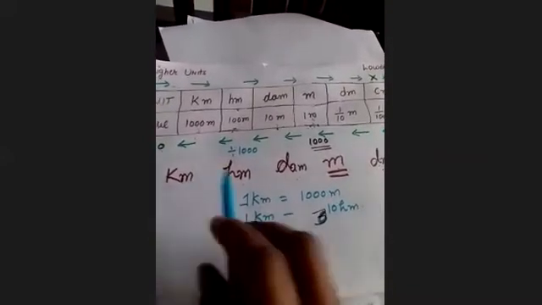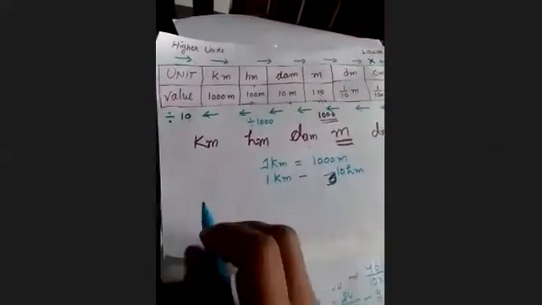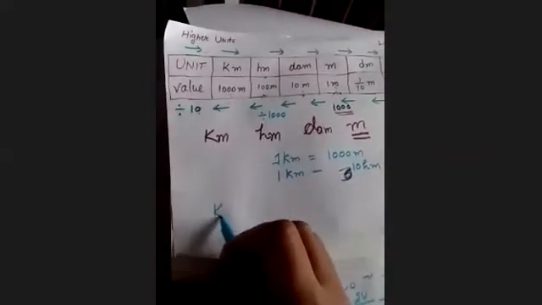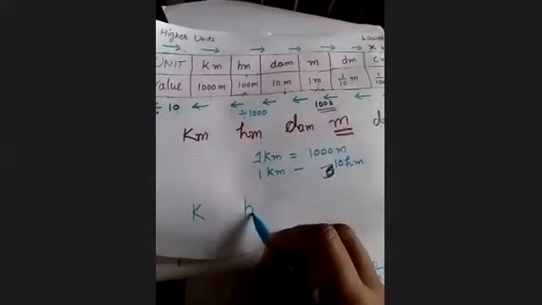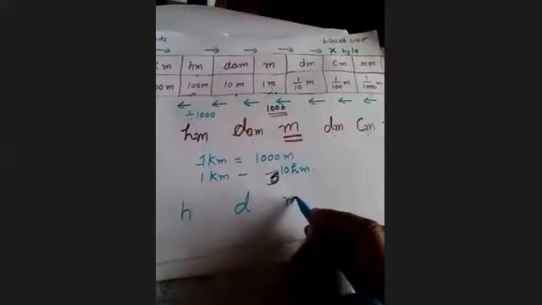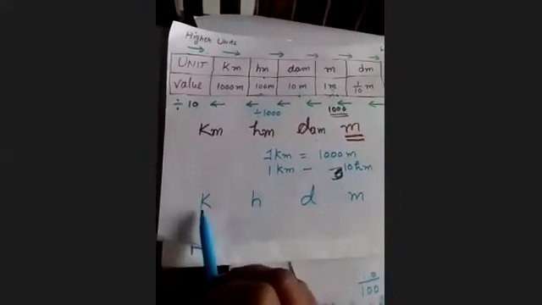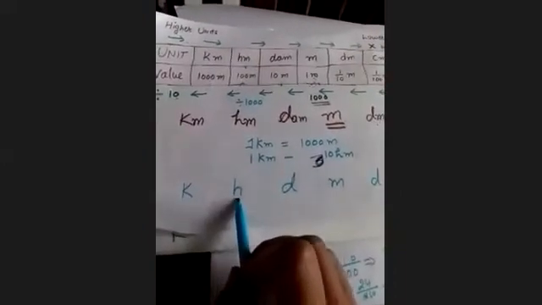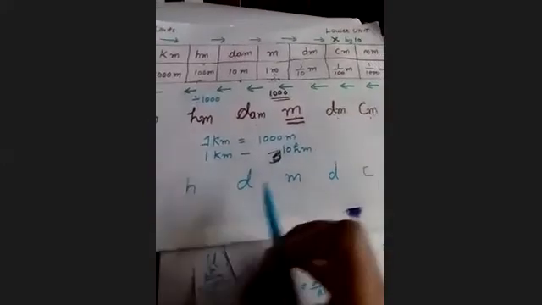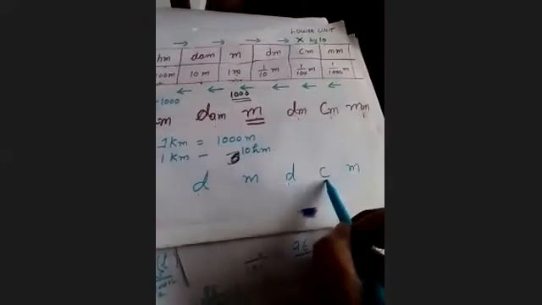Now write the first letter of each word: King, K; Harry, H; died, D; mother, didn't, D; cry, C; much, M.